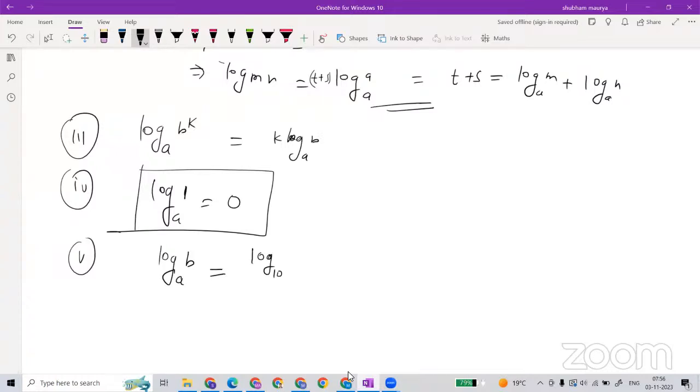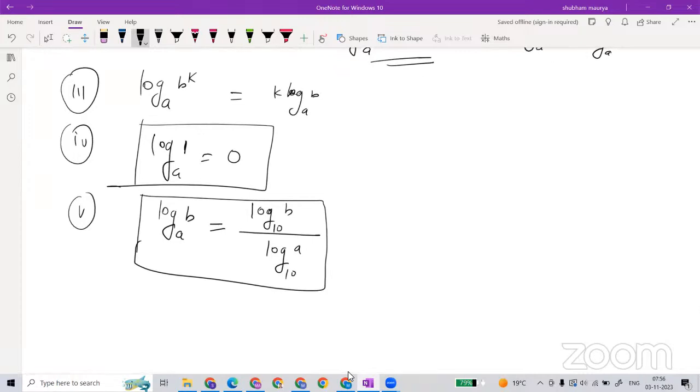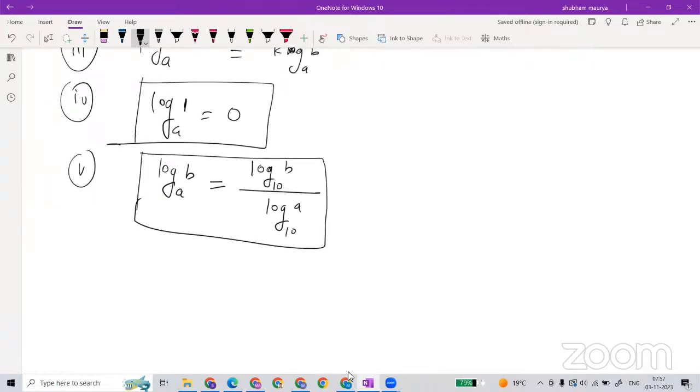Like I'm writing base 10 here, this could be written like this, just breaking it on base 10. Even not just 10, you can take any base here, any base 2, 3, 4, 5, whatever base you want, and break it. So everything can be proved here. You need to prove this also. You can prove this one.